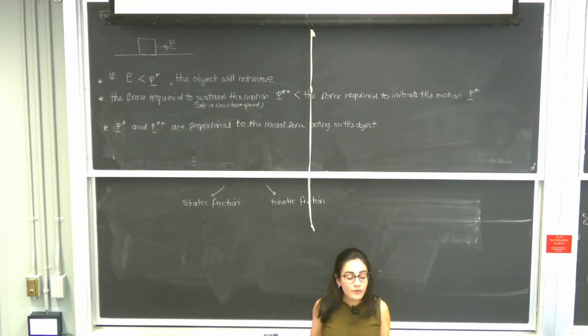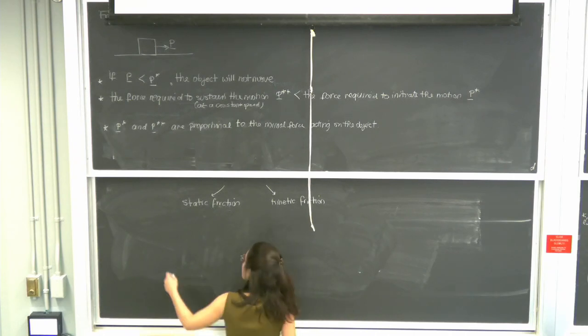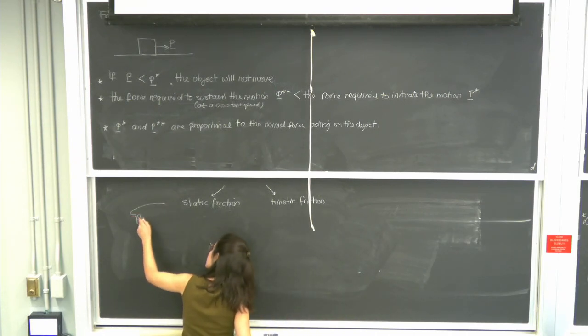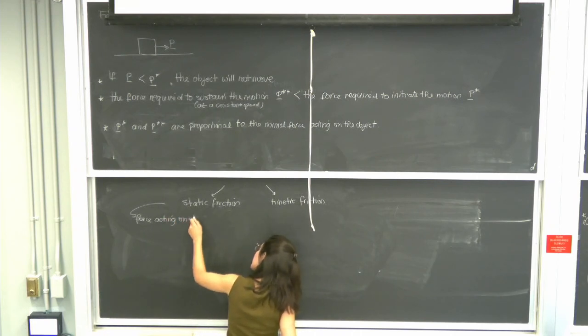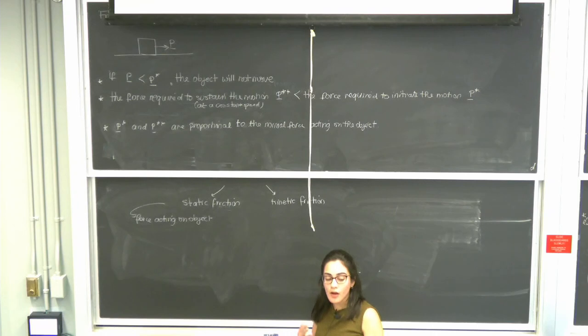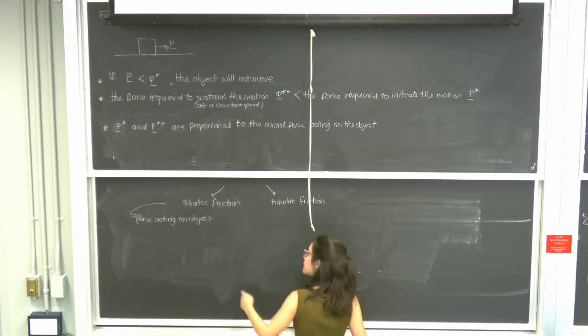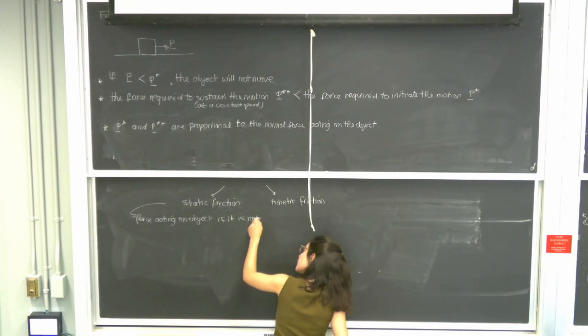The static friction force is the force that's acting on the object while it's not moving relative to the surface underneath it.